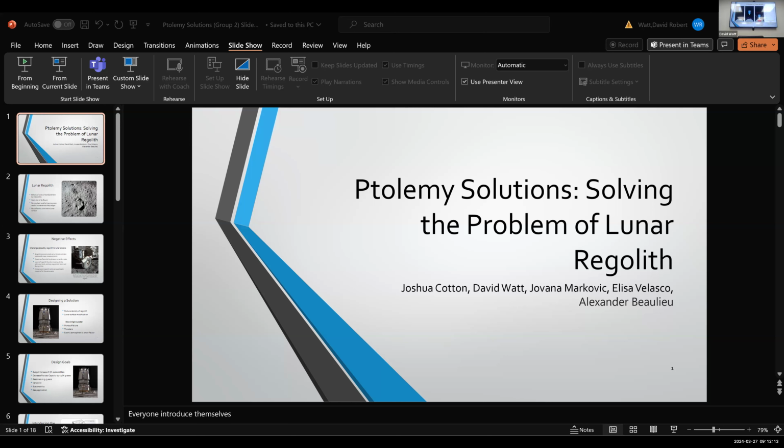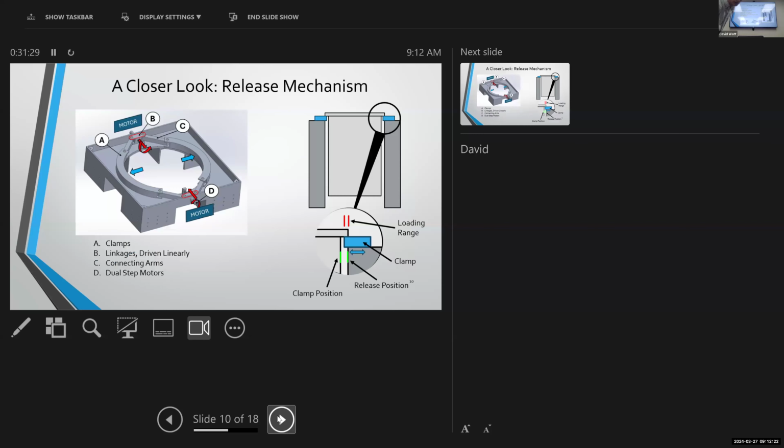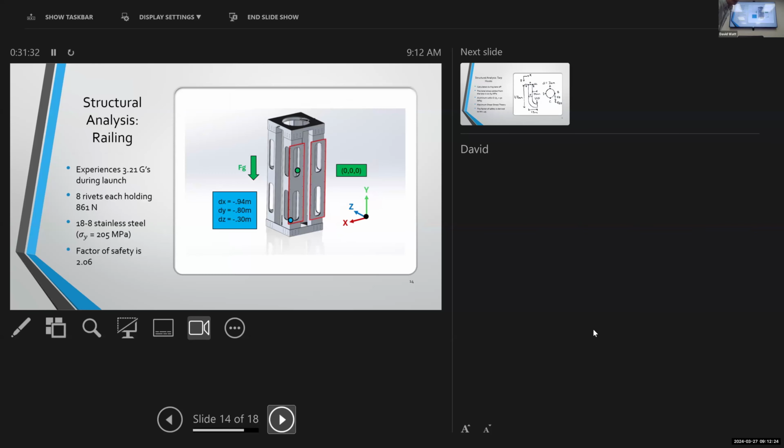Let's see. On slide 14, we were talking about structures, and now we're talking about my field. Your load case of 3.21 Gs, I suspect, is not going to be what's driving the design here, right? Subsystems tend to vibrate, and I know you're talking about this is heavy, and it was heavier than I was thinking.